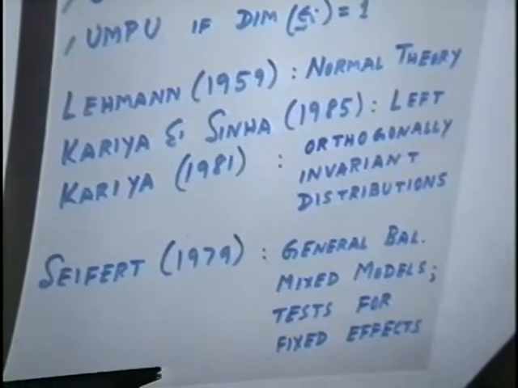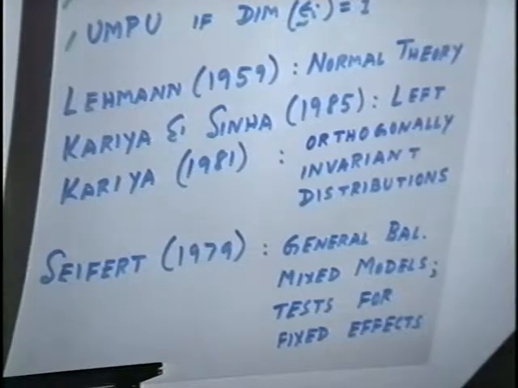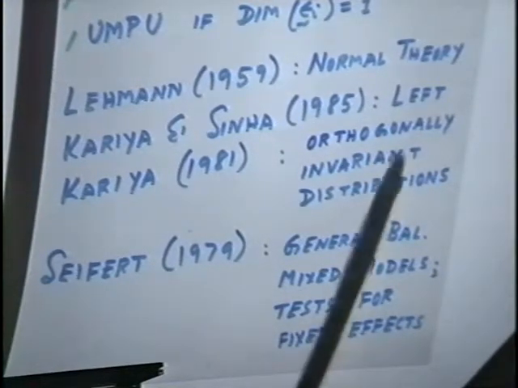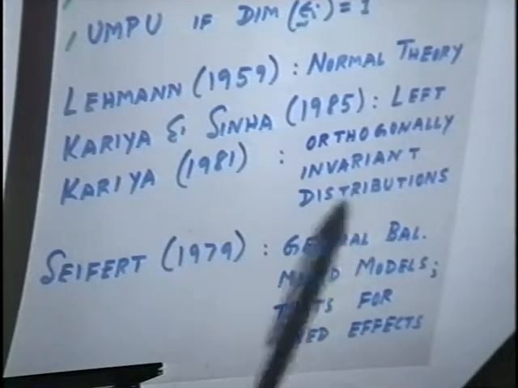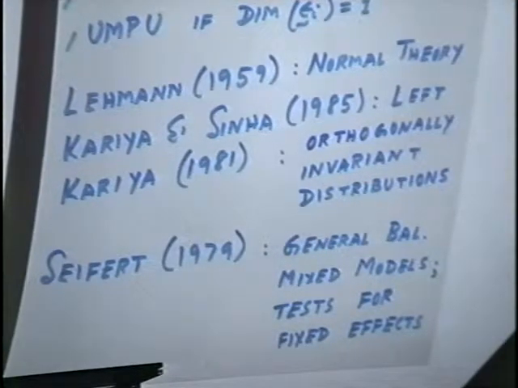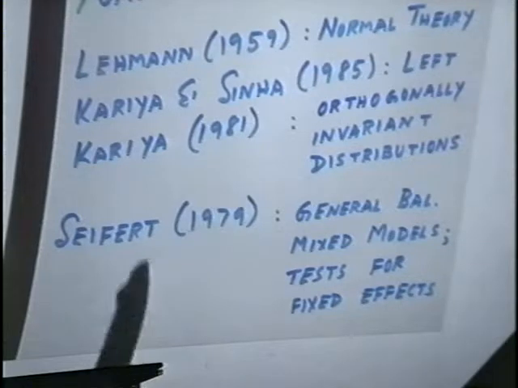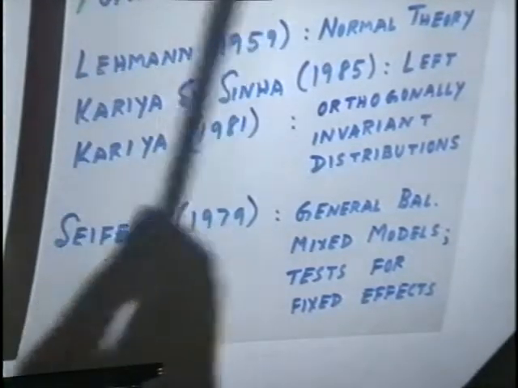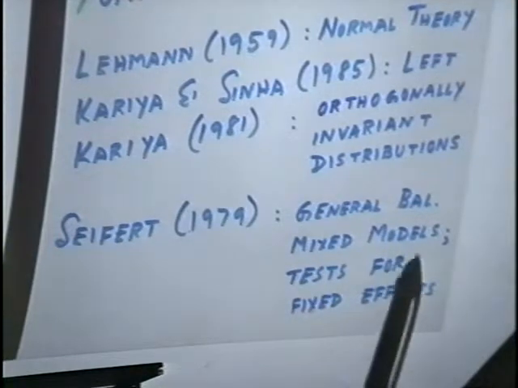If we replace the assumption of normality by more general distributions of the last component epsilon 0, namely, it could be either spherically symmetric or left orthogonally invariant distributions. I should also mention a very interesting paper by Seifert in 1979, which discusses the properties of the F test under a general balanced mixed model.